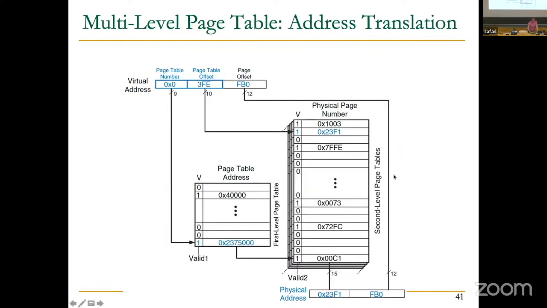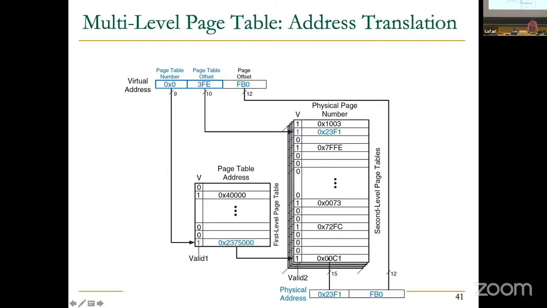Okay, so this is an example. This is the address that we have. This is the page table number, and this is 0. Essentially, we want to find the page table address for page table number 0, the top 9 bits, and that's the page table base register, which happens to be in physical memory in this particular case.